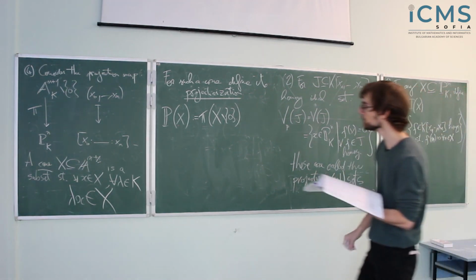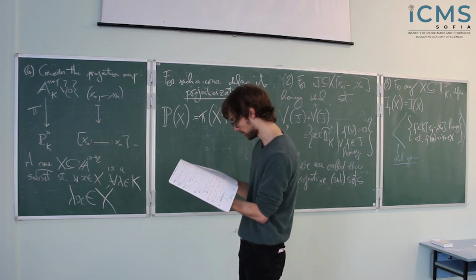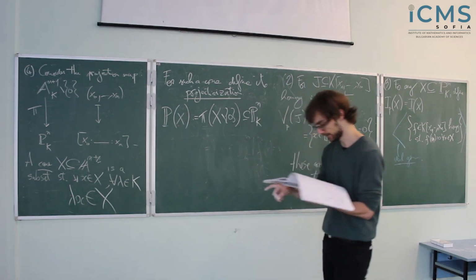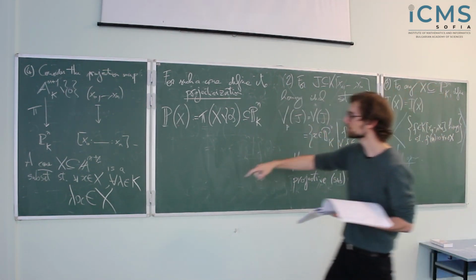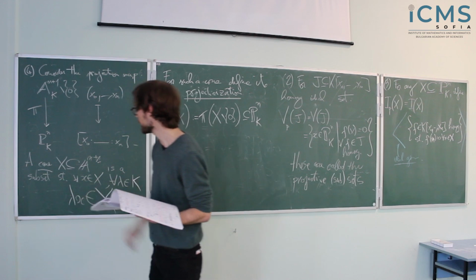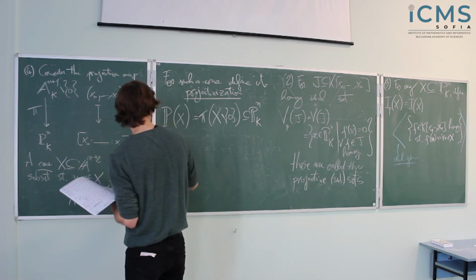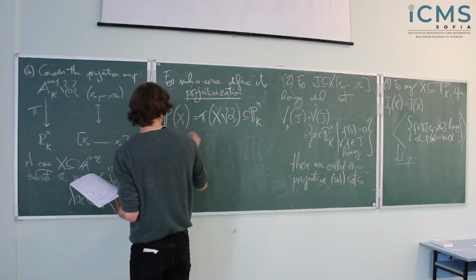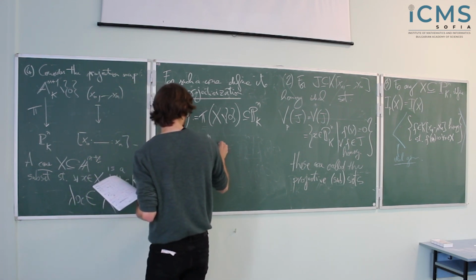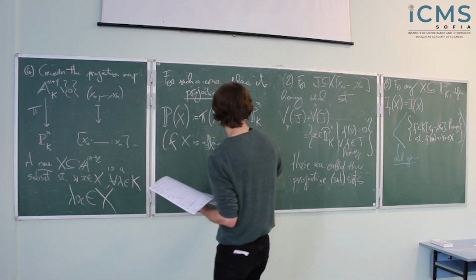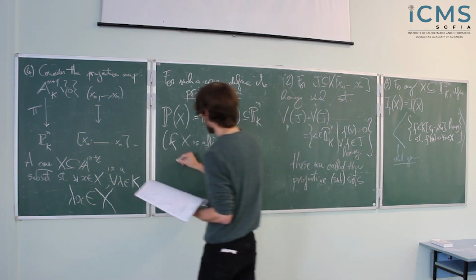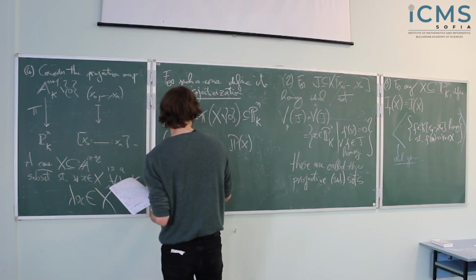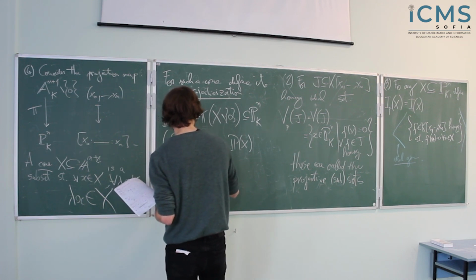Okay, so this is inside of P. Now, if I start with an affine subset, let's say if X is an affine cone, sorry, and P of X will be an affine subset, then this will be a projective set.